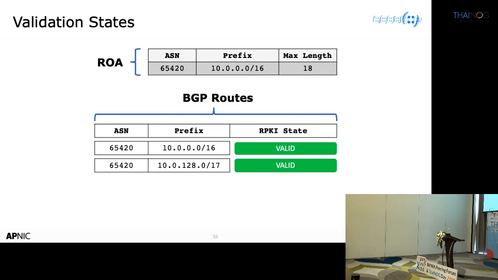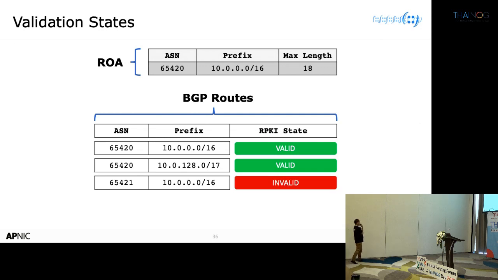Good, everyone is concentrating. How about this BGP update? Invalid, sure, you are awake. Why invalid? Origin AS is wrong. Someone is hijacking your prefix. Fine, that's good. How about this?